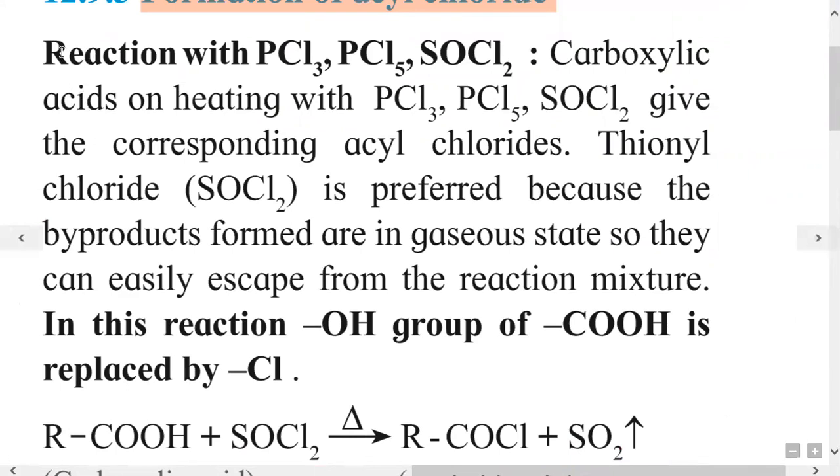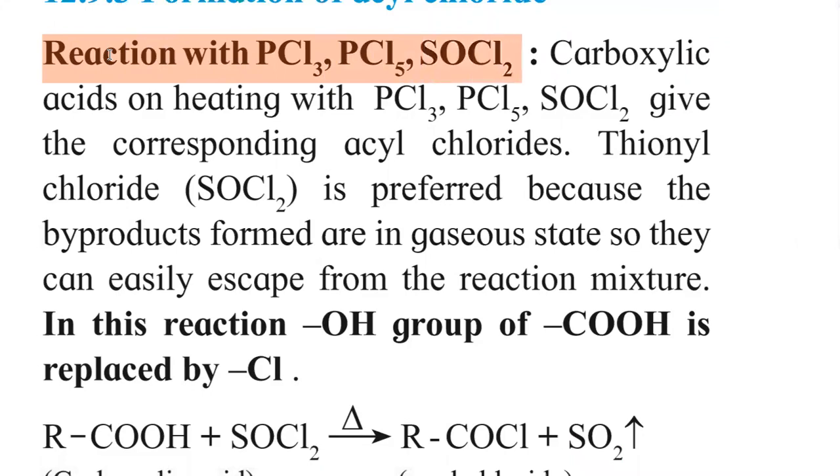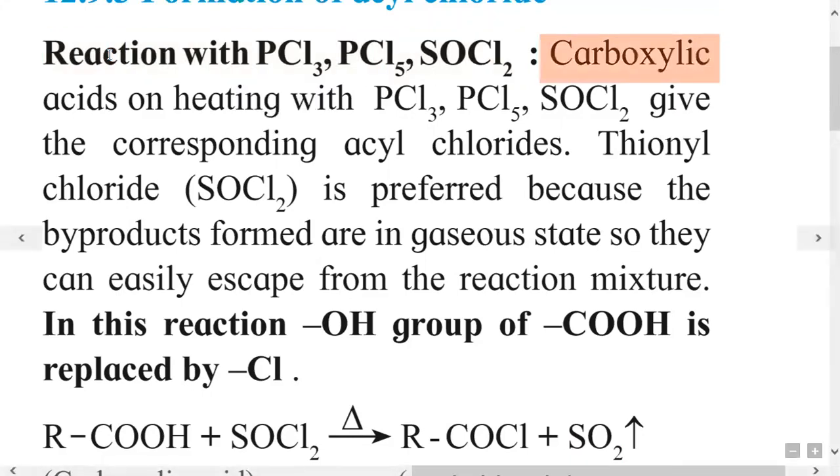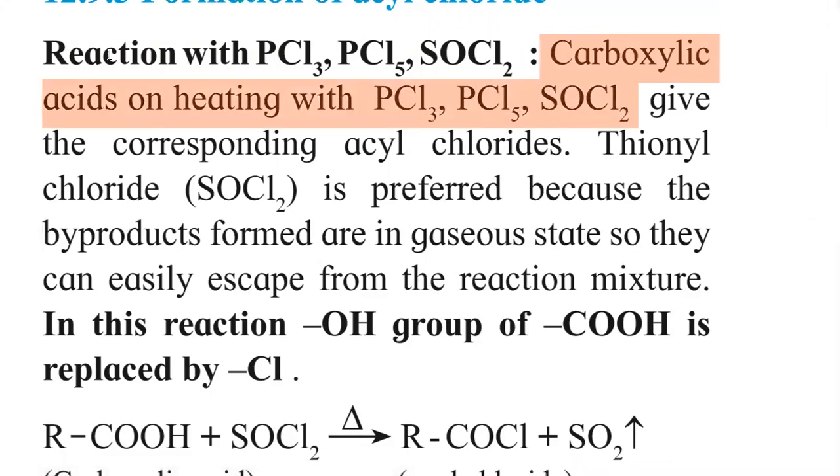These acyl chlorides can be formed from carboxylic acid by reaction with PCl3, that is phosphorus trichloride, or PCl5, phosphorus pentachloride, or thionyl chloride, that is SOCl2. When carboxylic acid is heated with PCl3 or PCl5 or SOCl2, the corresponding acyl chlorides are formed.